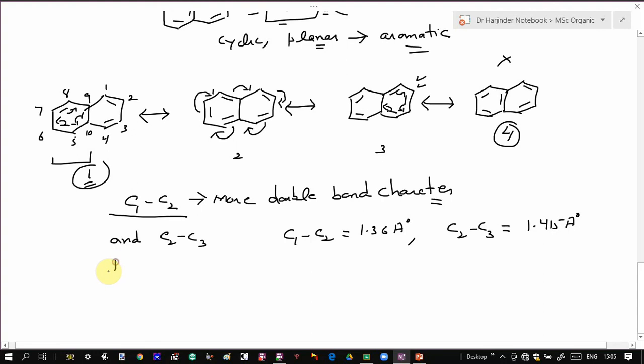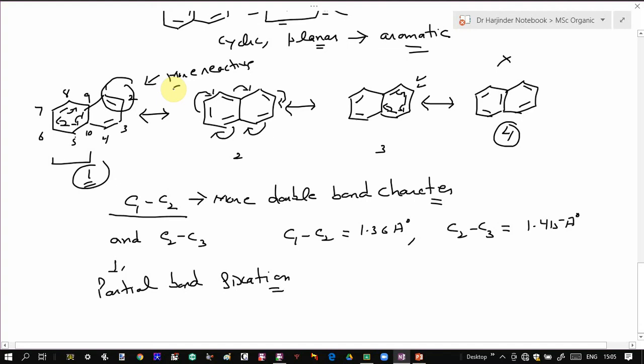This property is also called partial bond fixation. And since C1 and C2 has more double bond character, this position is more reactive, and addition reaction will take place over the C1 and C2 position more rapidly as compared to C2 and C3, which has less double bond character.